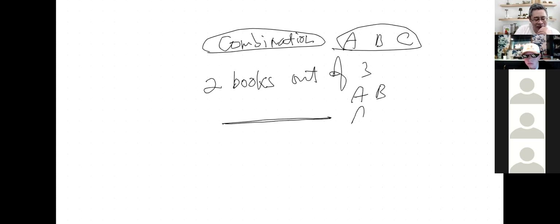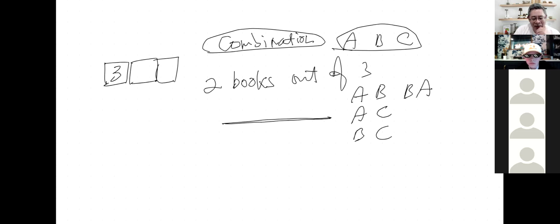We also have BA, CA, and CB. So 3 times 2, right? First, we got 3 choices. Second, we got 2. Then we got 6.